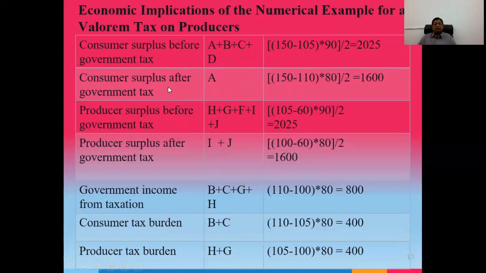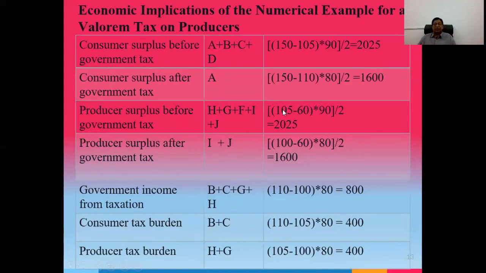Consumer surplus after government tax is given by the area of A. It is given by the price difference 150 minus 110 into new quantity after tax, then divided by 2. Then you will get consumer surplus after tax as 1,600.